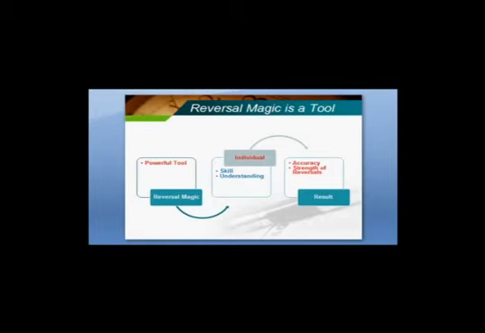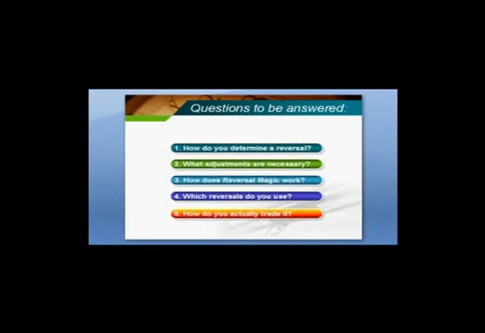In order to do that, we're going to address a number of things in this series of videos. And by the end of the video, you want to be able to answer these questions for yourself. For example, the first question is, how do you determine a reversal? And not just determine it, but how do you correctly determine a reversal? The second question you want to be able to answer is, what adjustments are necessary in regard to timing?